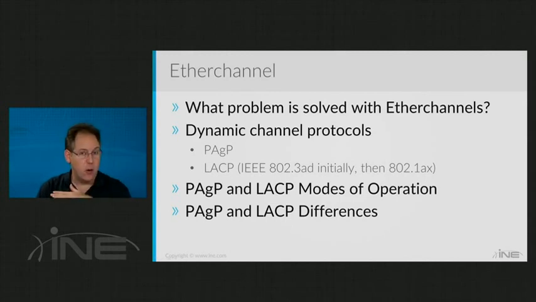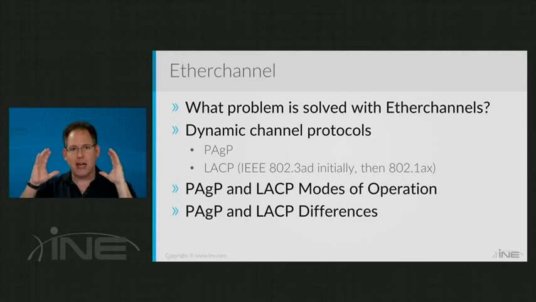But on the other side of the coin, with PAGP, currently you can have a maximum of 8 ports bundled into an ether channel, and that's it, which is still quite a lot. But if you start losing your ports, like let's say somebody accidentally pulls out a cable, now you just lost some of your bandwidth. Your total aggregated ether channel bandwidth has just been reduced.